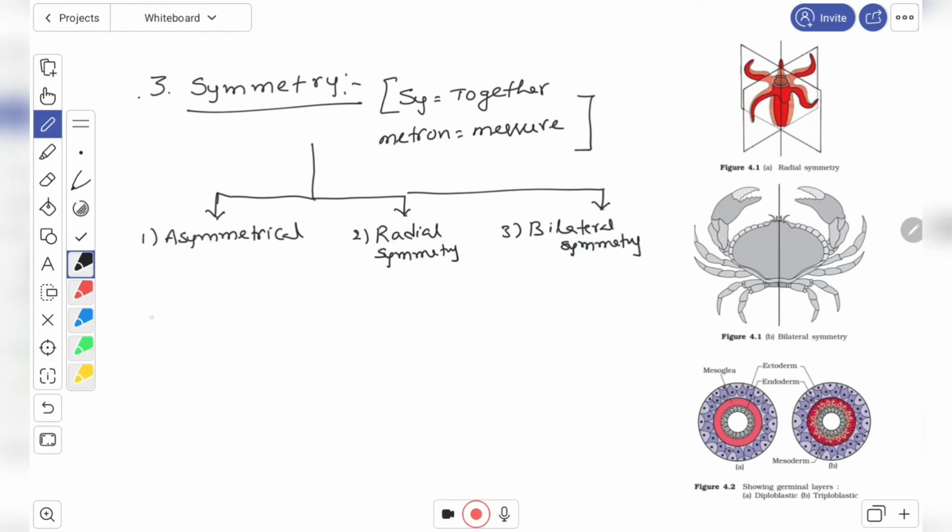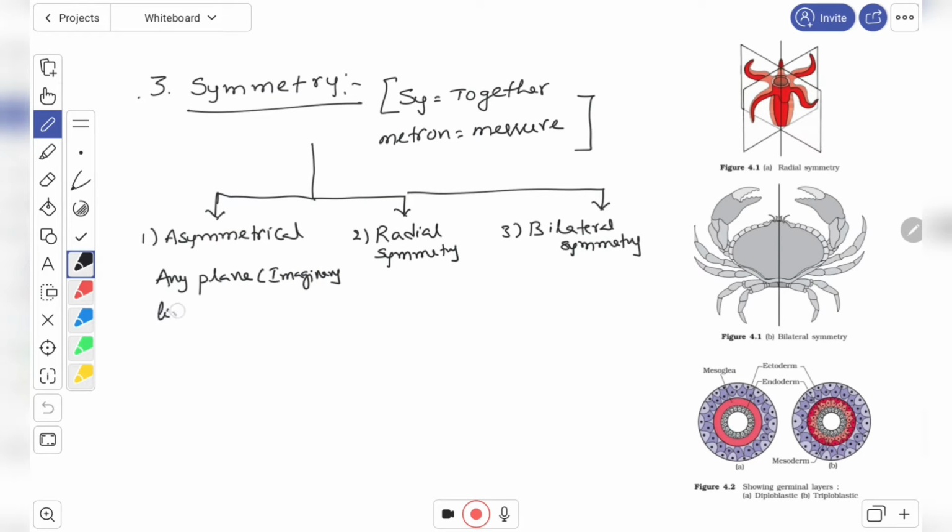The first one, asymmetrical, means any plane. Plane means imaginary line.